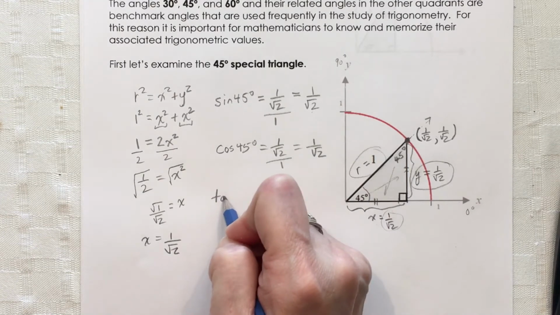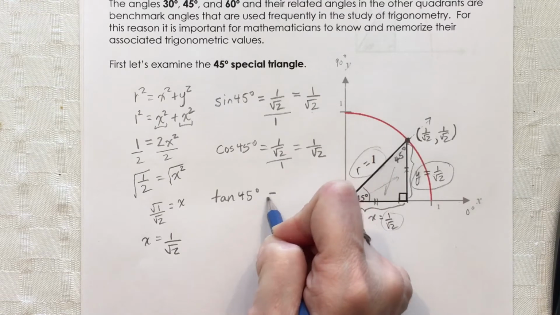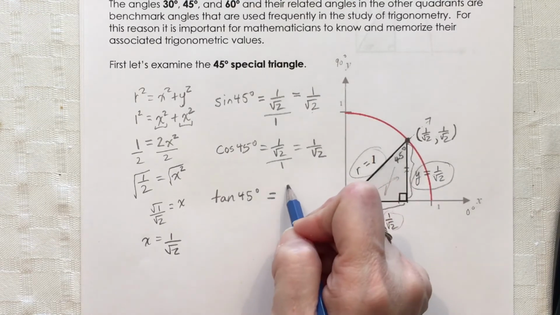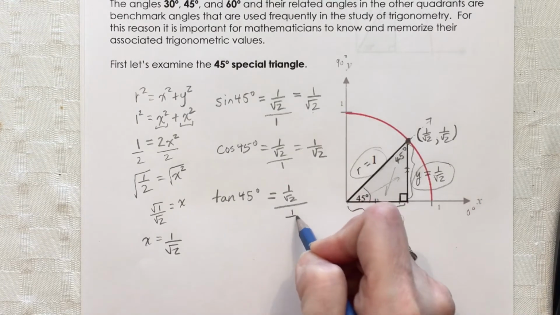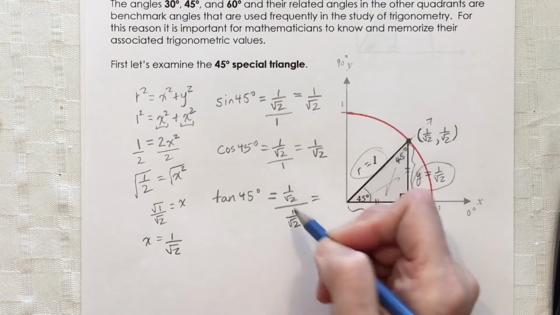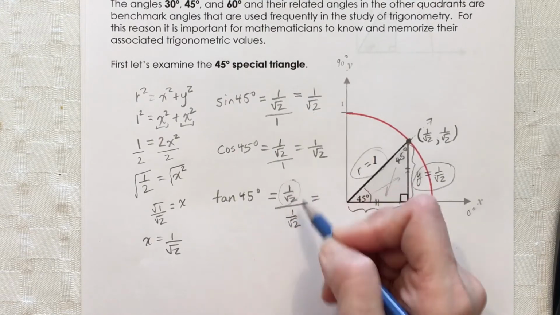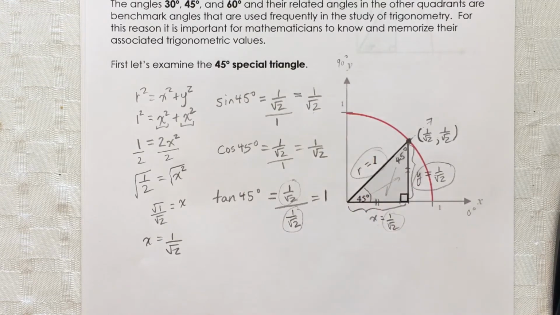And then the tangent of 45 degrees is equal to the y value, which is 1 over root 2, divided by the x value, which is also 1 over root 2. And you can see that you're dividing a number by itself. So whenever you divide a number by itself, you get 1.